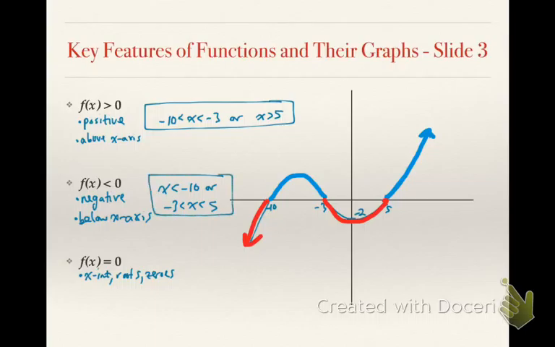That's where the function is less than 0, or negative. Alright, now where is it equal to 0? That's just the roots. So it's just going to be x equals -10, -3, and 5.